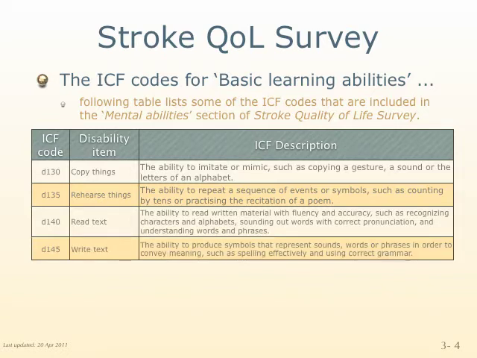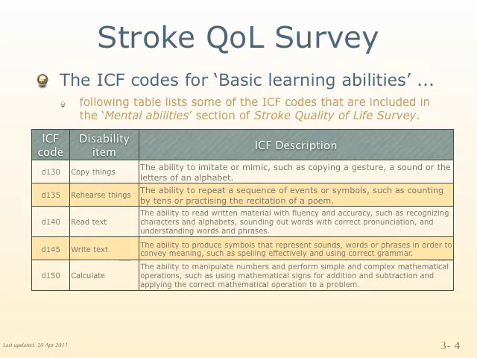Then there is the disability item called Write Text, which corresponds with ICF code D145, or the ability to produce symbols that represent sounds, words, or phrases in order to convey meaning, such as spelling effectively and using correct grammar.